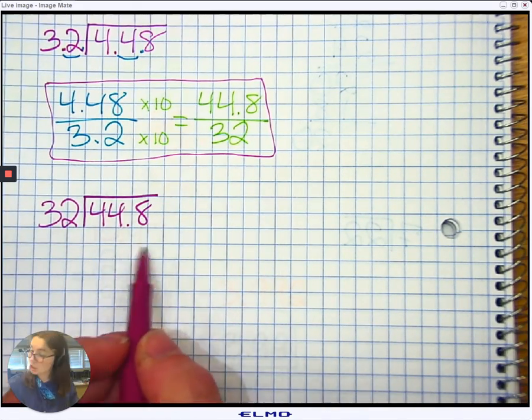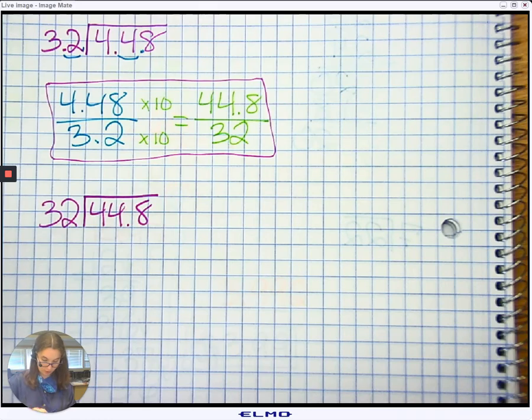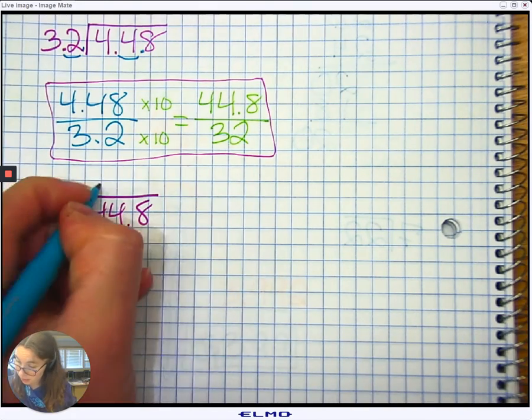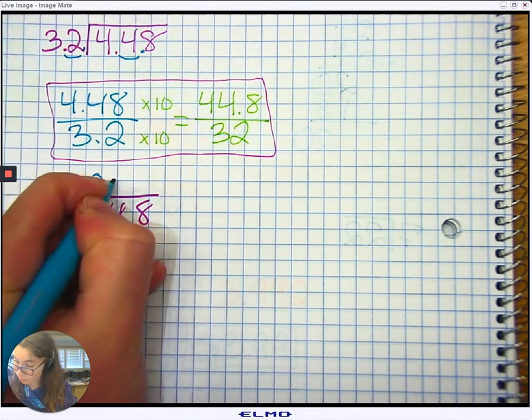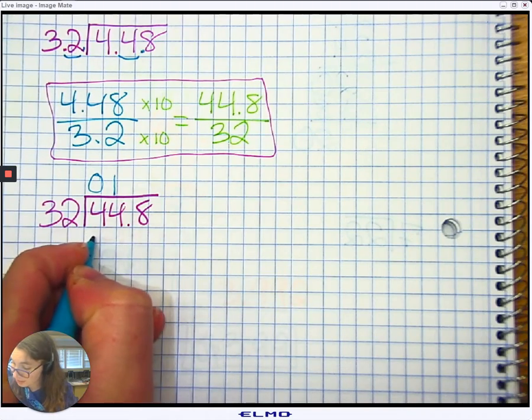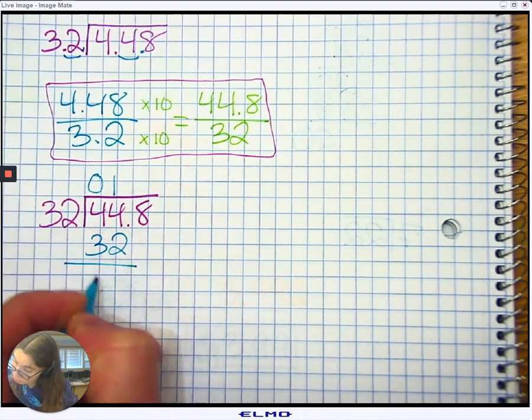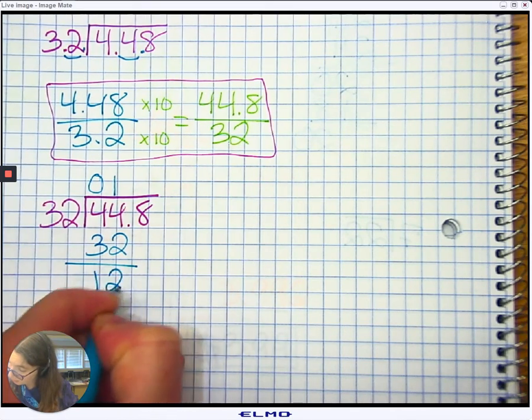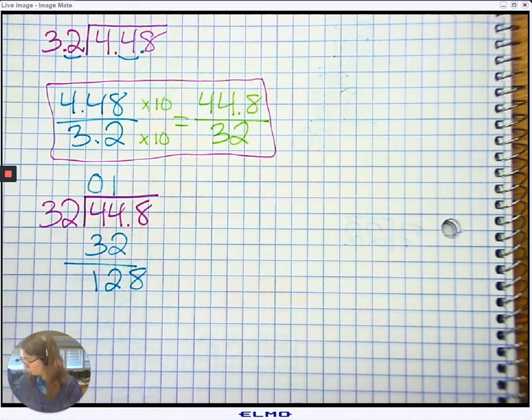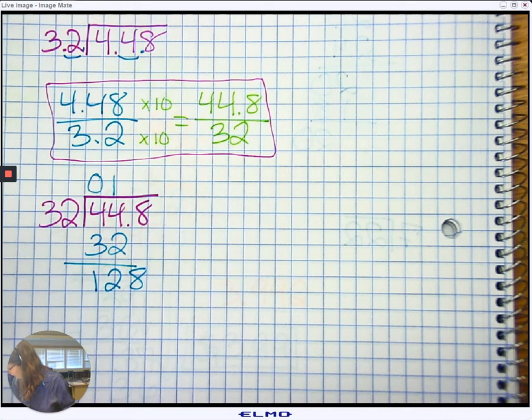32 into 44 is once. Doesn't go into 4. Goes into 44 one time. 1 times 32 is, in fact, 32. And that leaves 12. Bring down the 8. How many times does 32 go into 128? I'm in a position to tell you.